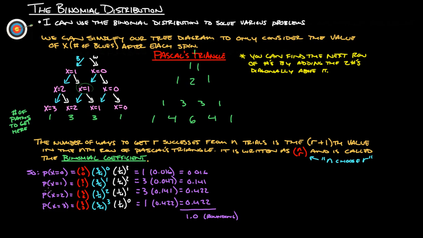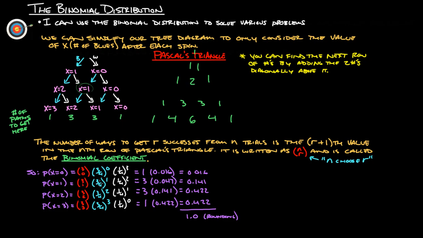Probability of getting 1 blue is going to be down this path right here, x equals 1. That is 3 possible outcomes, but only one time does it come out favorably for us.